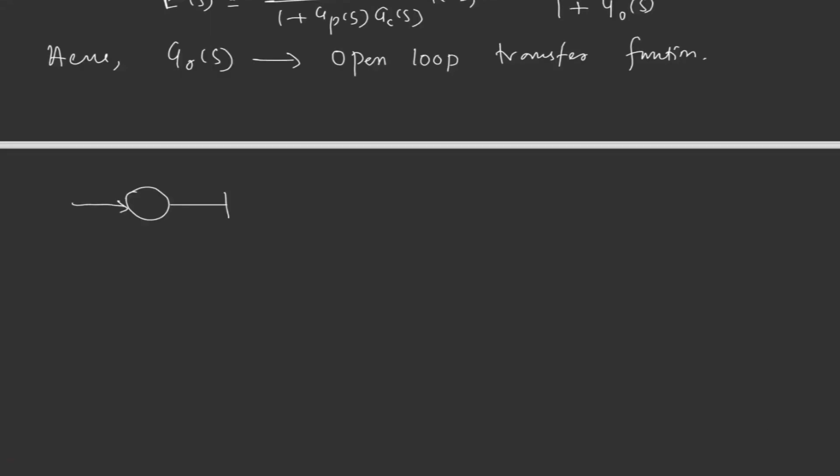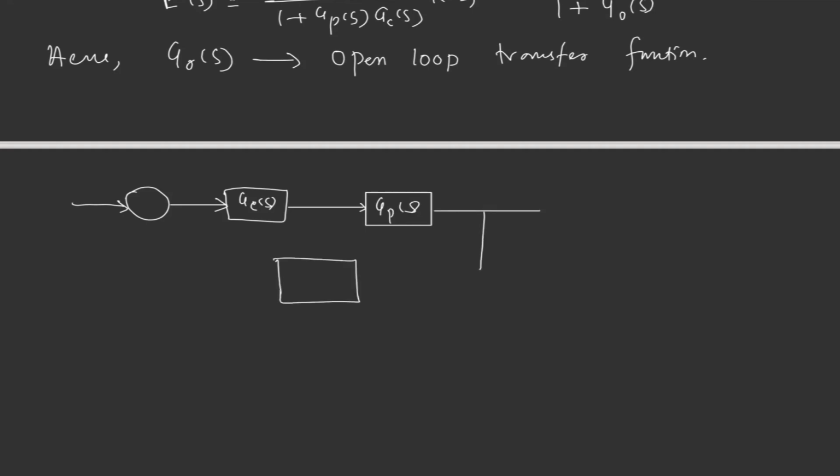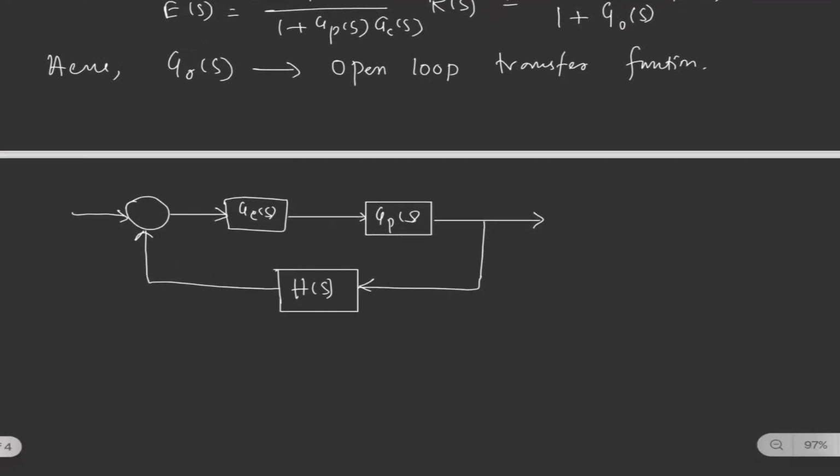This is the controller block, GC of S, and this is my plant GP of S, and let's assume one sensor is here, whose transfer function is H. In the earlier cases, we assumed H of S to be 1, but if the sensor transfer function H of S is there, then how can we define the open loop transfer function? This is R of S, this is Y of S.